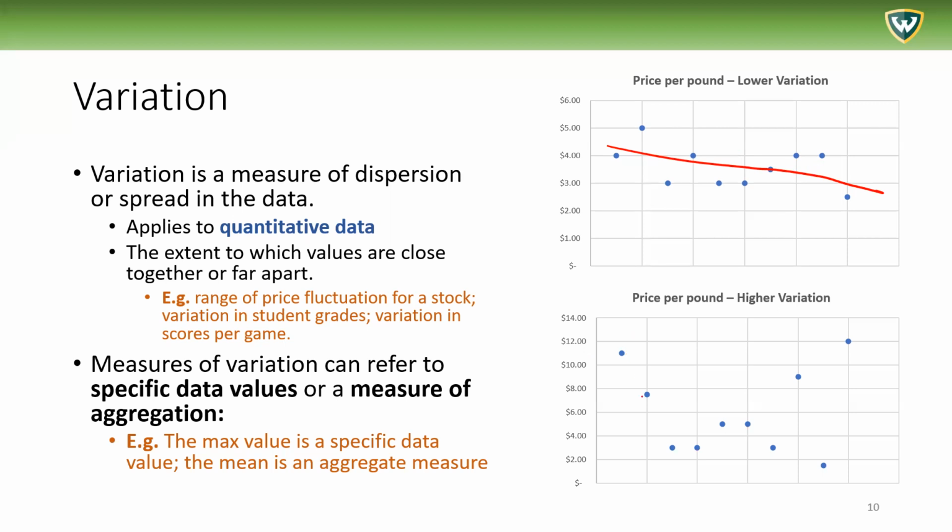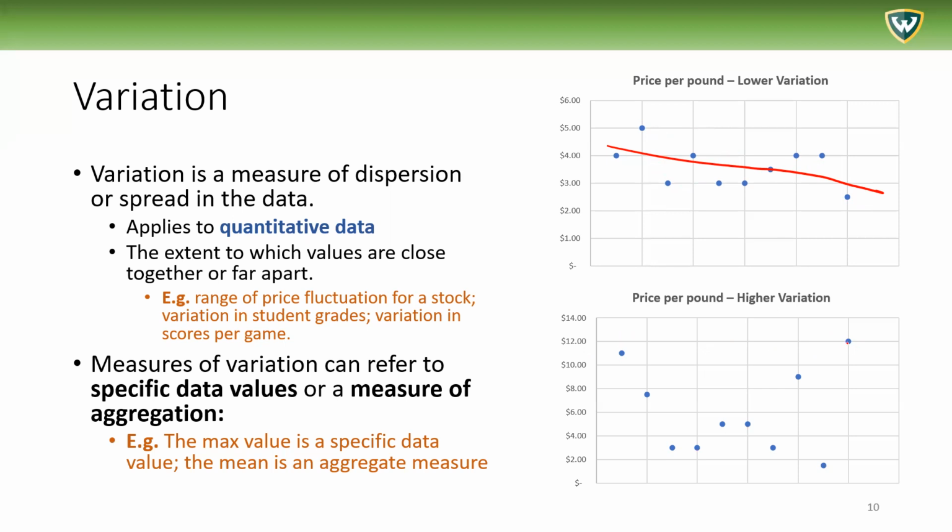But here we see greater variation. One item costs $3, another item costs $11, another costs $12, another costs $1. Here, almost all items cost between 3 and 5. So low variation, higher variation.